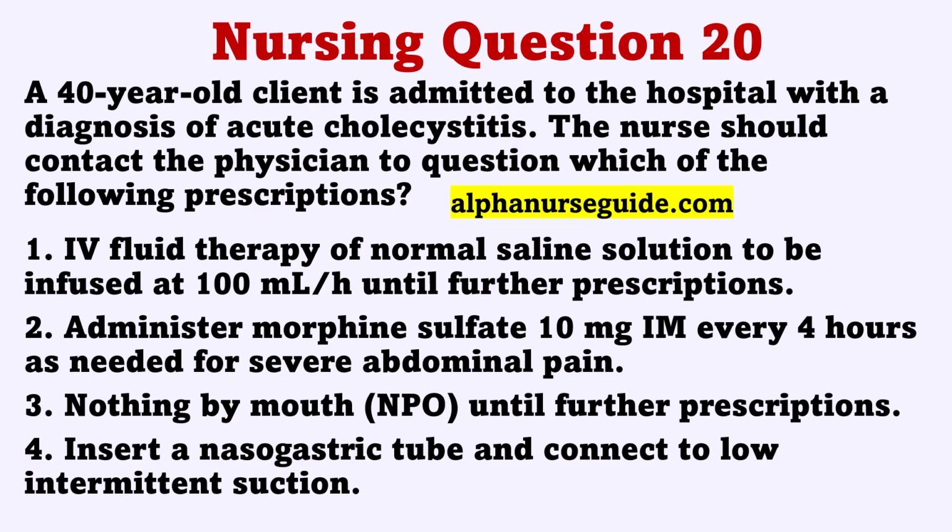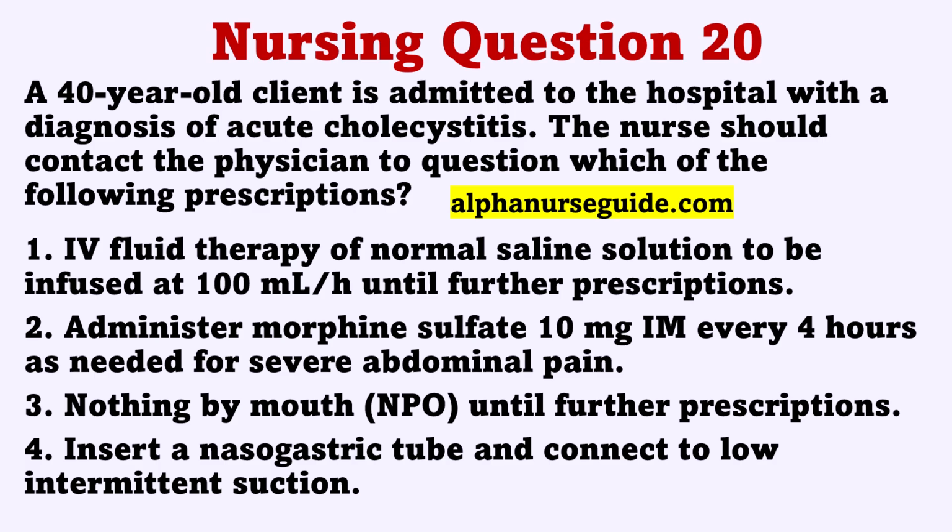Administer morphine sulfate 10 mg IM every 4 hours as needed for severe abdominal pain. 3. Nothing by mouth until further prescriptions. 4. Insert a nasogastric tube and connect to low intermittent suction. The correct answer is 2. Administer morphine sulfate 10 mg IM every 4 hours as needed for severe abdominal pain.